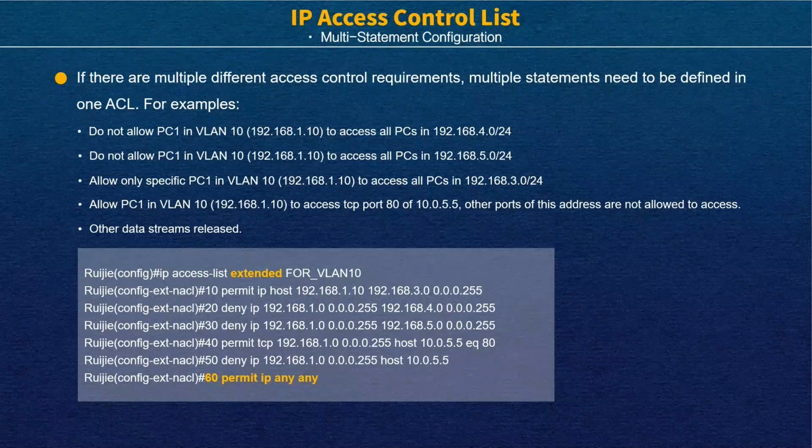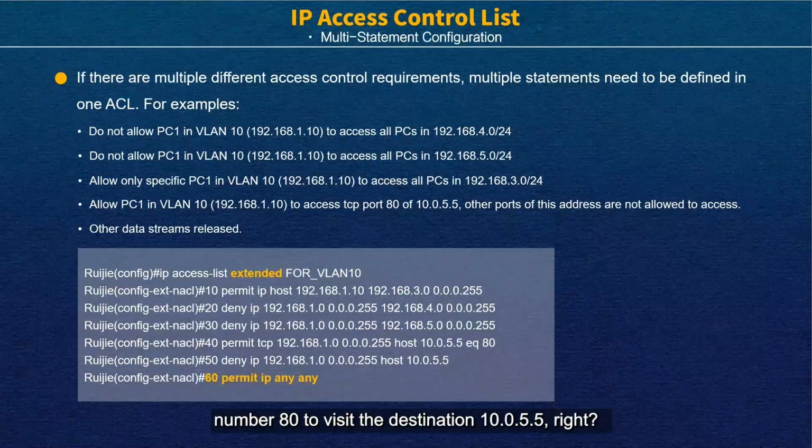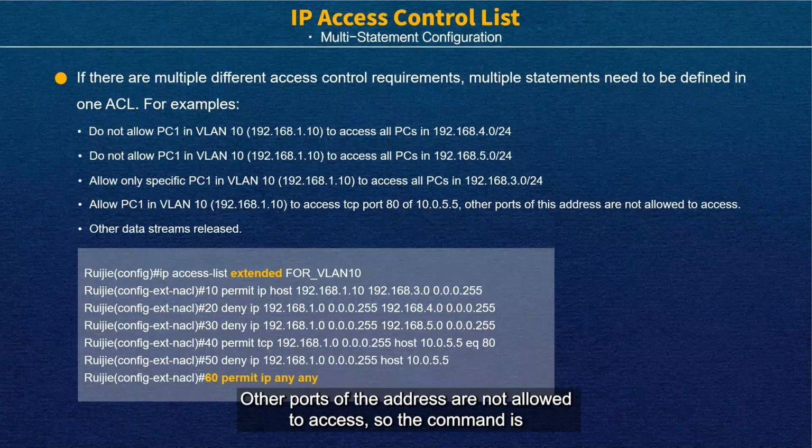192.168.1.0. And the next one, we want the PCs in VLAN 10 to access TCP port number 80 at the destination 10.0.5.5, right? Other ports of that address are not allowed to be accessed.